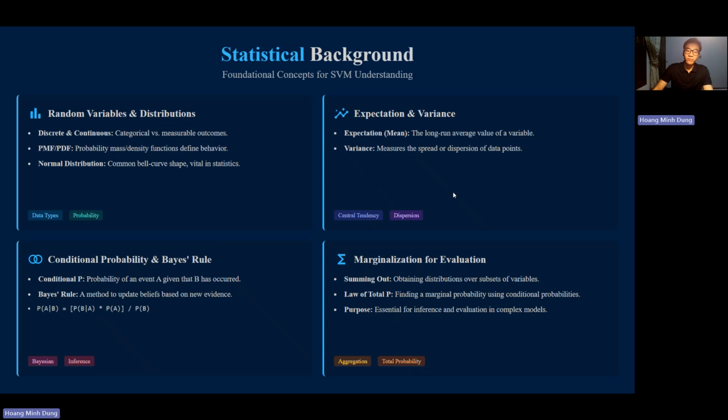Bayes' rule provides a method to update our belief based on new evidence, which is fundamental to modeling, inference, and evaluation. Marginalization and the law of total probability, finding marginal probability using conditional probability, are essential for inference and evaluation in a complex model.